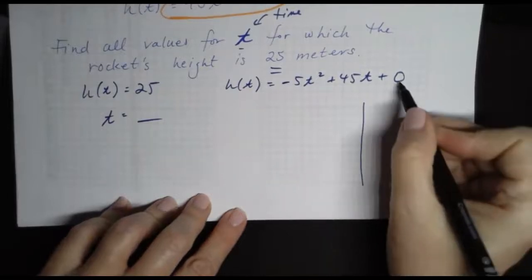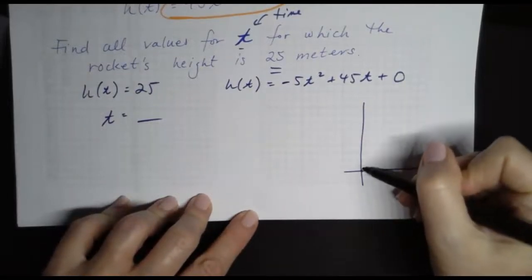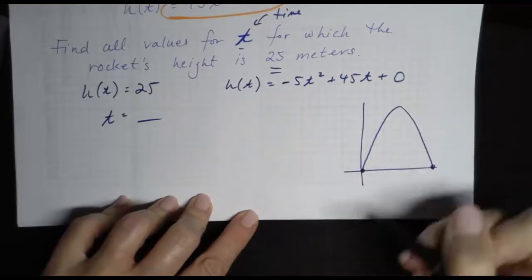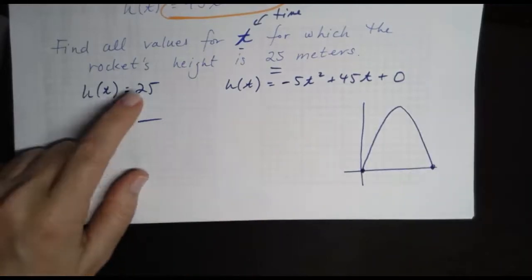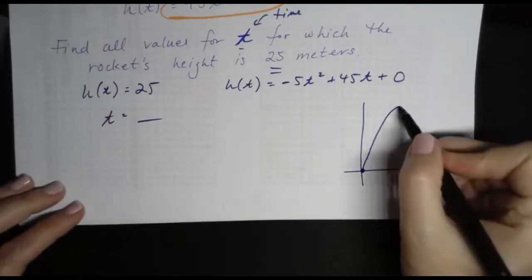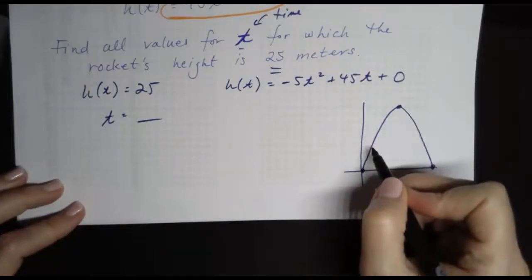So first of all, y-intercept is 0, so it's starting right there on the ground. It's basically going to go up and come down. So what are we looking for? We want to know when the height of the rocket is 25. So think about it. That's not necessarily 25. We want to know when is the height 25.